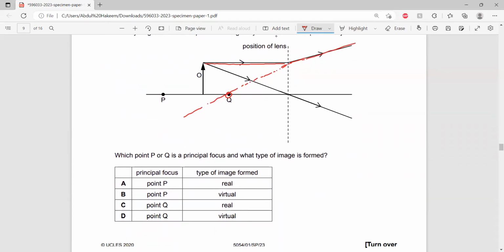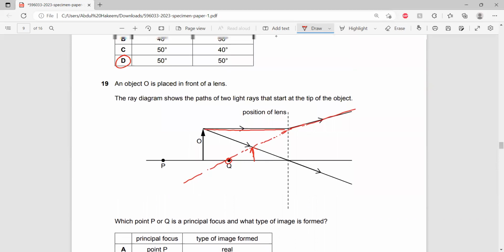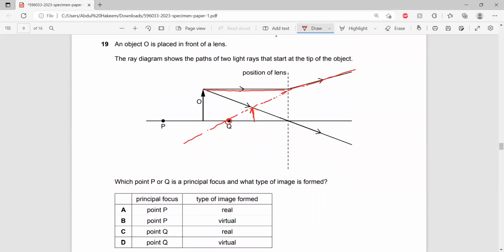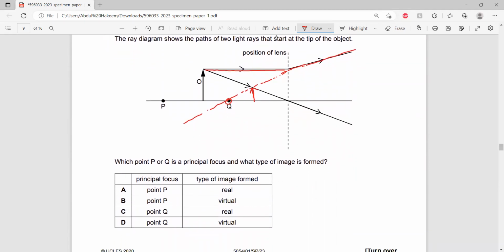Is it? And which image is formed? This is the image. Now you have to decide what is the answer. Definitely virtual.